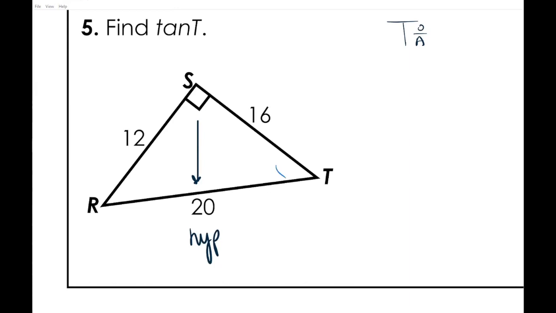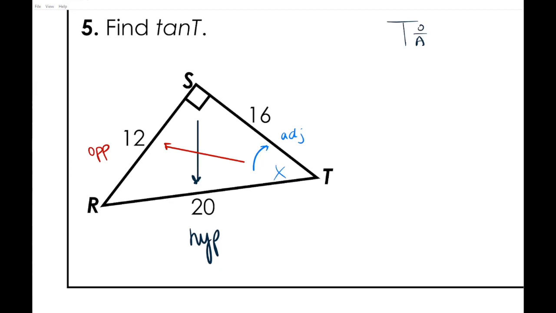This one, they want me to find the tan of T. If 20 is the side that T is touching and it's a hypotenuse, the other side T is touching must be adjacent, which means across from T is our opposite side. So tangent is opposite over adjacent, TOA.